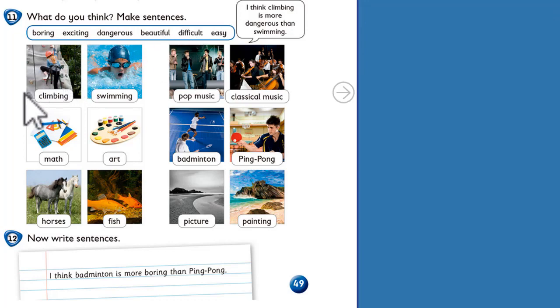So, we have here some pairs of activities. We have the activity climbing and the activity swimming. We have music, pop music, classical music. We have two school subjects, math and art. We have two animals, horses and fish. We have two sports, badminton and ping pong. And we have two activities, taking pictures and painting.